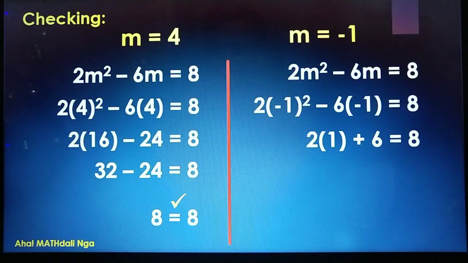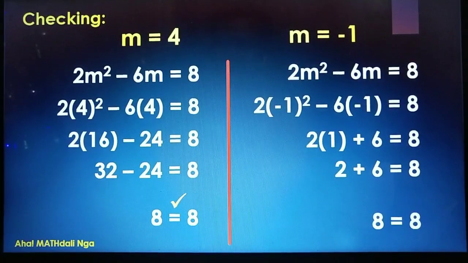Negative 6 times negative 1 is positive 6 equals 8. 2 times 1 is equal to 2. Copy positive 6 equals 8. 2 plus 6 equals 8, which is actually equal to 8 at the right side of the equation. So, we could say that positive 4 and negative 1 are the solutions of the given quadratic equation.